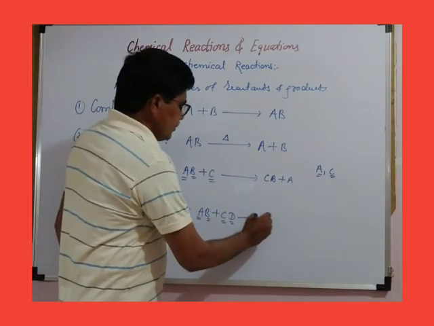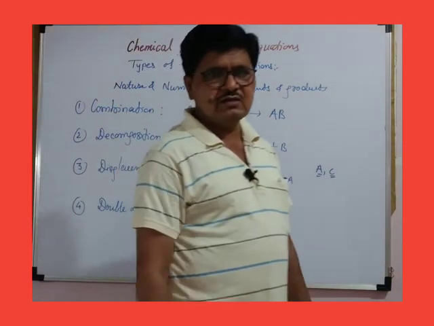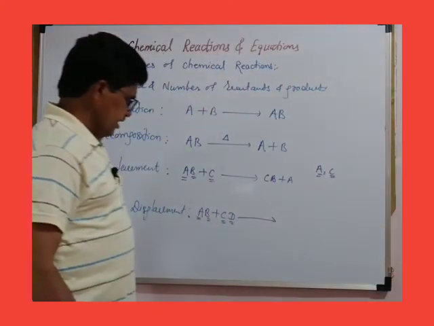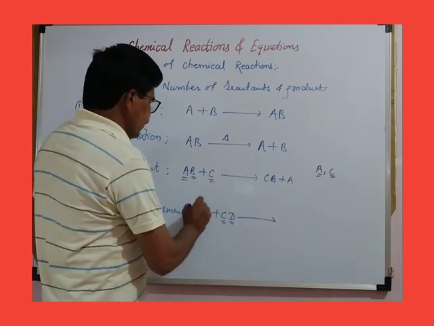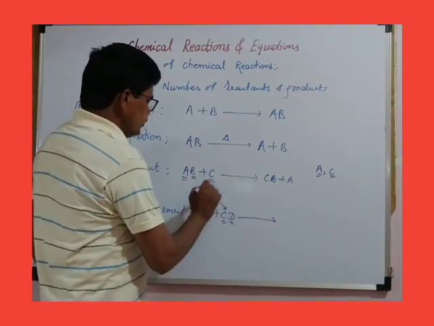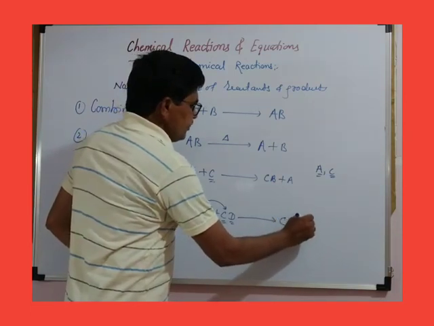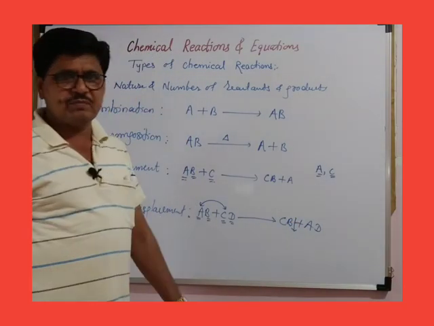A chemical reaction in which there is the exchange of the ions and a precipitate is formed, that type of chemical reaction is known as the double displacement. That means where A and C are replaced with each other. That means there is the formation of CB plus AD and any substance formed in the form of a precipitate.